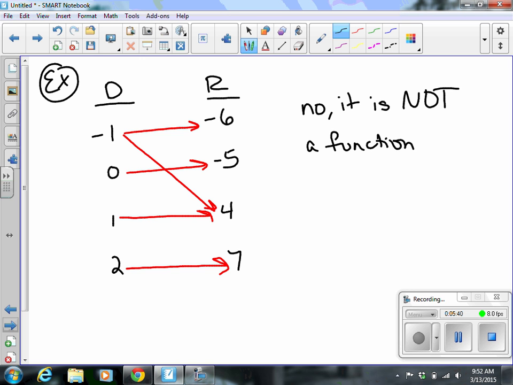Now, some of you may be asking, well, what about the 4 for the range? It has 2 arrows coming to it. That is perfectly fine. We're worried about the domain, if the domain has 2 arrows coming from it. Okay?